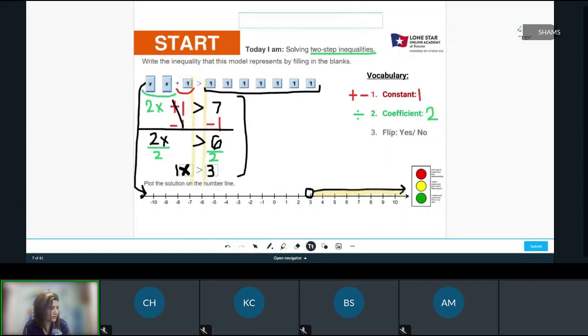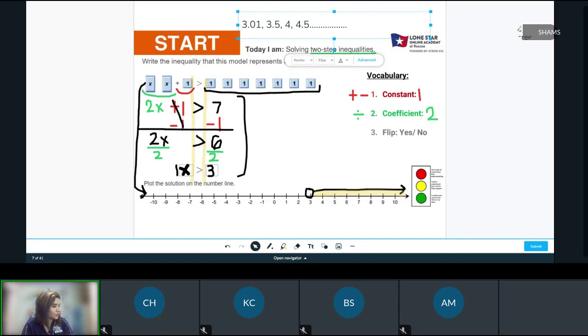That also means numbers like 3.01, 3.5, 4, 4.5, all numbers you see and you don't see all the way to millions and zillions could be the solution. Because these are inequalities and there will be more than one solution, right? All numbers greater than 3 will be the solution.